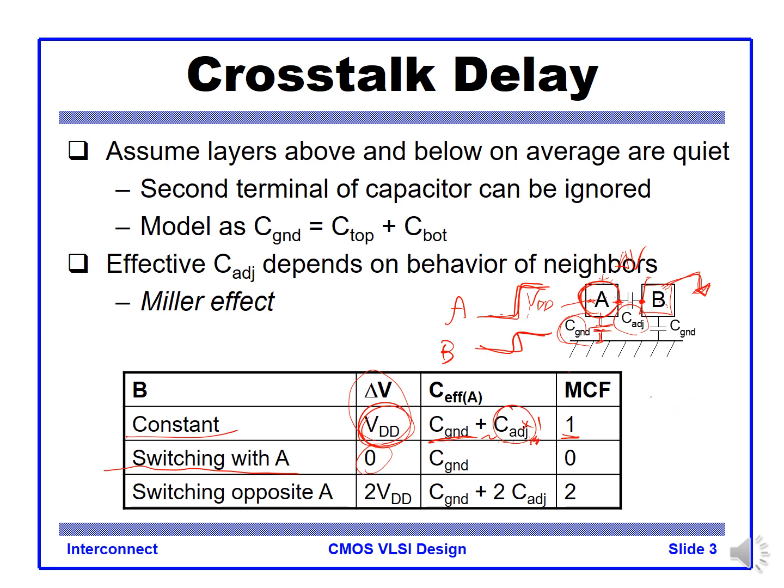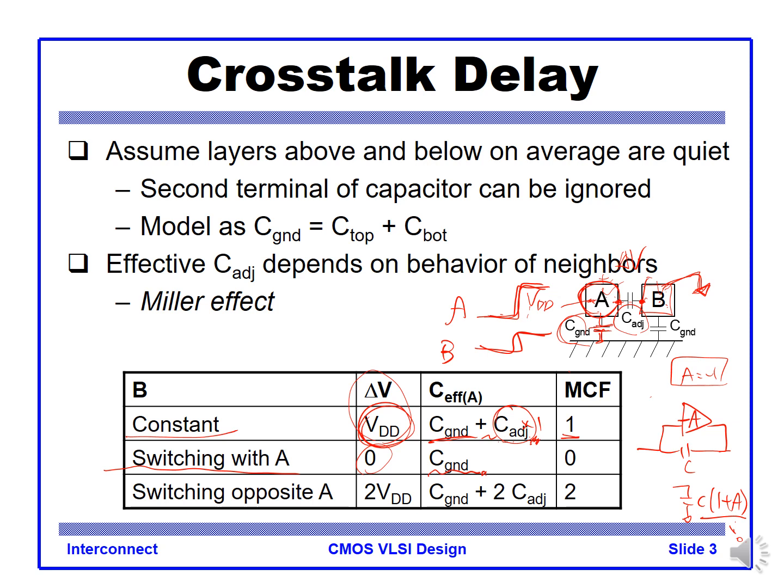From the Miller effect, if we have a gain of minus A between two terminals, then we see the equivalent capacitance C times 1 plus A. If those two lines move together, then A becomes minus 1, right? So the capacitance totally disappears, there's no adjacent capacitance, so we only see CGND.